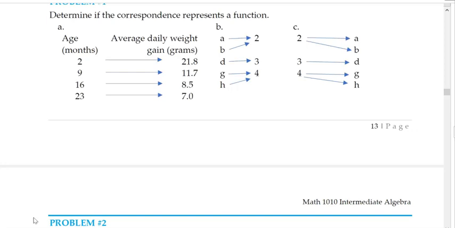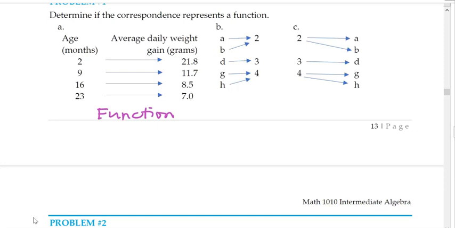Well, when we look over here, we see that all of these months are unique. We wouldn't have something here where it says month 2 has an average of 21.8, and then maybe another 2 that says a different value. Because at month 2, the average daily weight is going to be the same. So this is a function.